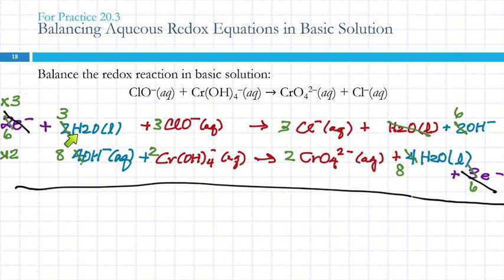So I've got 3 waters on that side, and I have 8 waters down here. So if I subtract 3 water molecules from both sides, so this side I'm going to go minus 3 H2O, and this side minus 3 H2O. I don't mess up the balance, right? I had 3 H2Os here, and I'm subtracting 3, and so then this guy goes away.